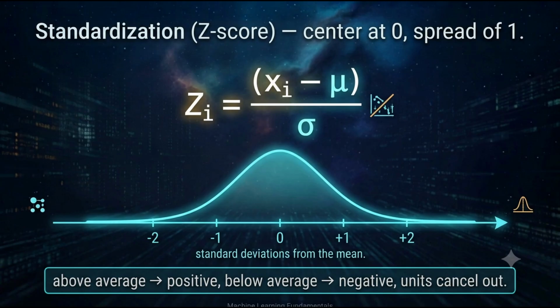Standardization is the go-to choice when your features are roughly bell-shaped, or when they're measured in totally different units, pounds versus meters versus dollars, because it expresses everything in the same neutral language of how far from typical. Both methods get every feature speaking on the same scale, so the model can weigh them fairly.